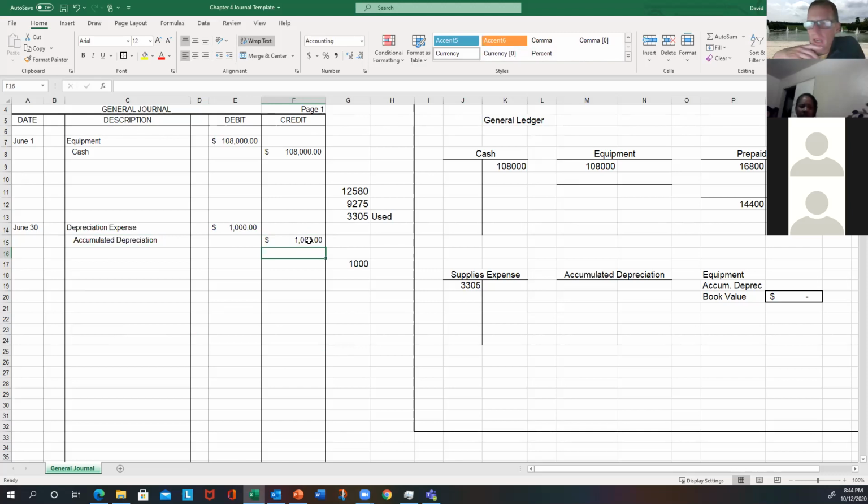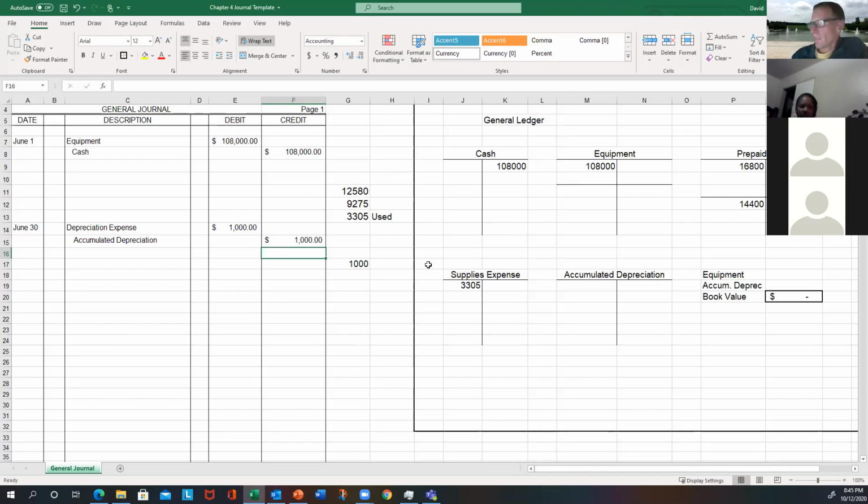I say that because I can't remember how many times I've given a test or a quiz in class, and if we were in class, I typically would have you write these out by hand. And every time I teach this, I see an answer that's written down as equipment expense, even after I've specifically said, do not use equipment expense, it's depreciation expense. So hopefully you get that.